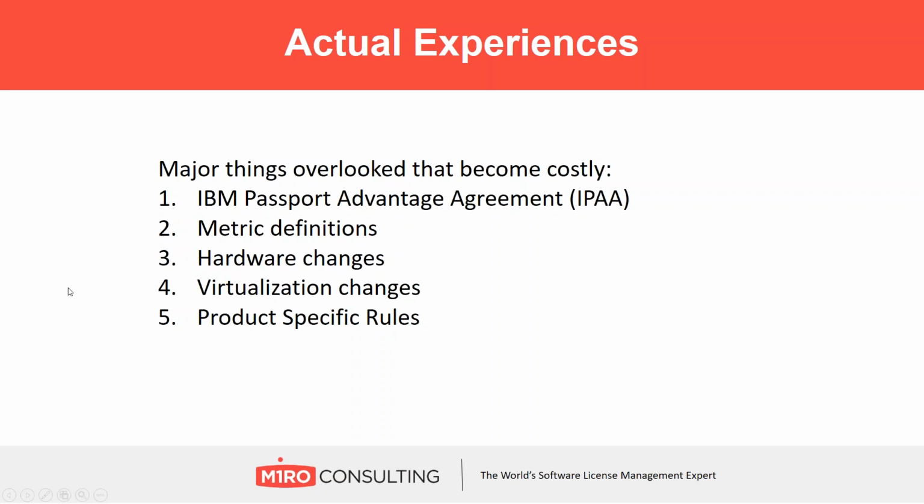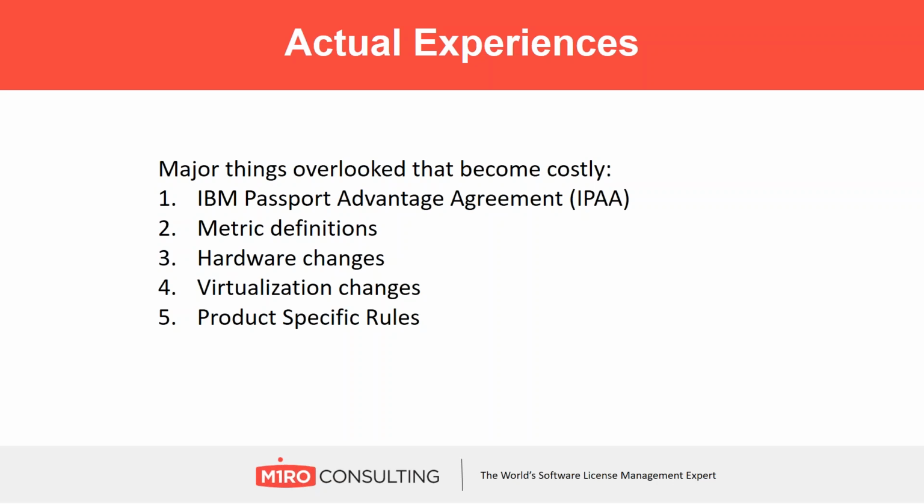The third one is hardware refreshes. They do happen over time. With some software licensing dependent on the hardware it's installed on, you need to keep that in mind. The fourth one is virtualization. Virtualization isn't a major factor with IBM's license metric tool in use, but if it isn't, full capacity licensing may be calculated at a higher license count than you expected.